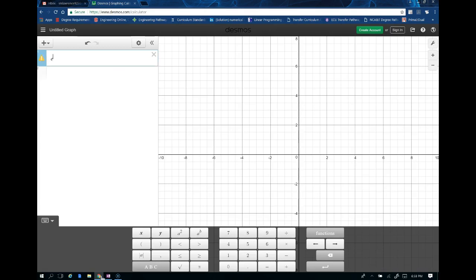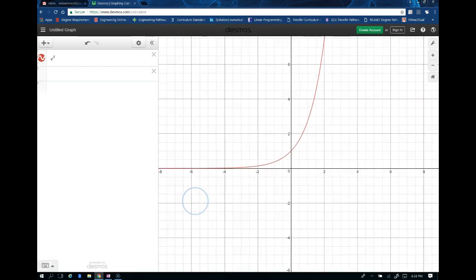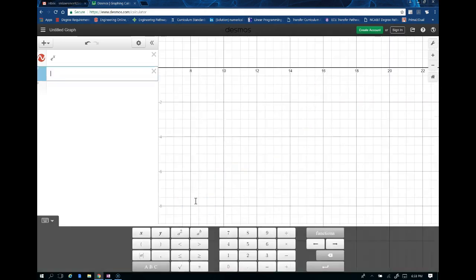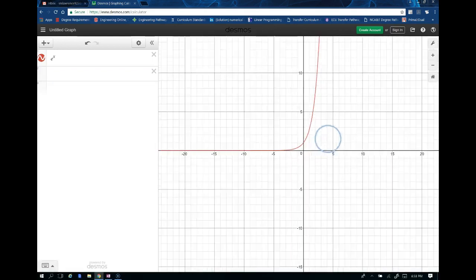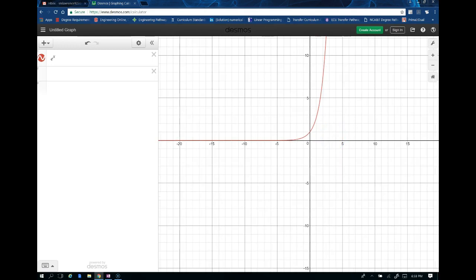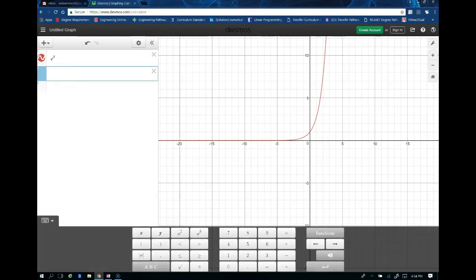I want that e to the x. So that's what we're trying to approximate, that e to the x right there. First we did a constant function of just 1.